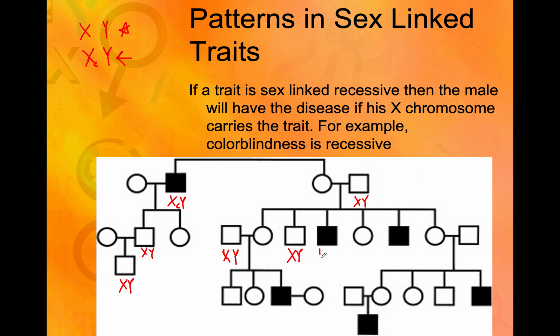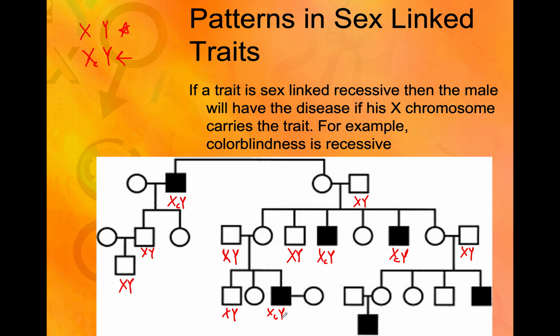Here's a male that does have it, so he's an X with a C and a Y. Has it, so he's an X with a C and a Y. Doesn't have it, so just XY. I'm not going to finish filling out the rest of the males. I think you got the point by now.